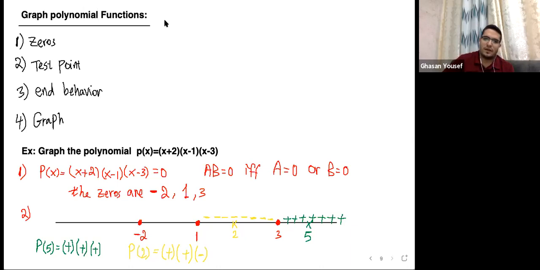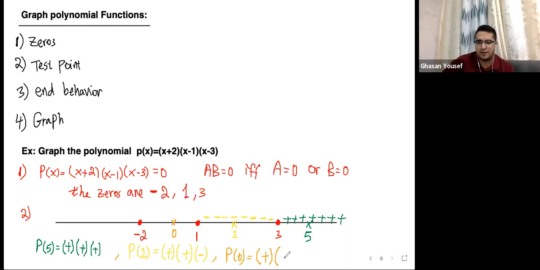Now, pick any number between minus 2 and 1. 0. Nice. Okay, plug the 0 inside the function. P of 0. 0 plus 2 is 2. The answer is positive. 0 minus 1, what is the sign?